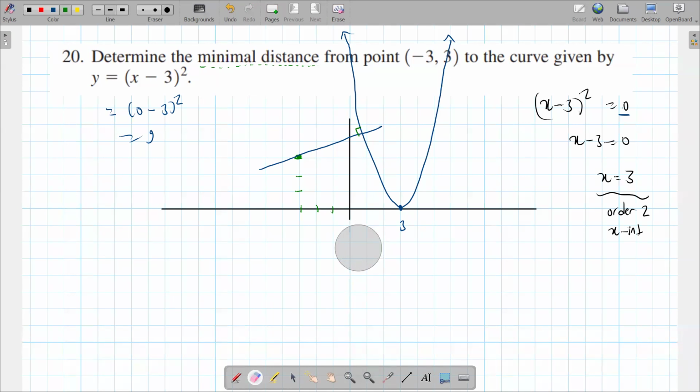What's the question? It says the distance. Okay, we need to find the distance itself. We could find the distance if we know this point. How do we find that point? How does this line relate to this curve? What's happening here?